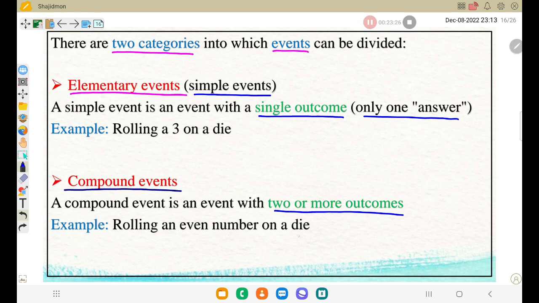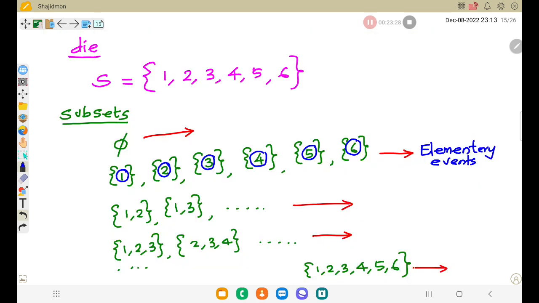Rolling a die and getting an even number. For example, here, see, how many outcomes are there here? 1, 2 outcomes. Here also, how many? 1, 2 outcomes. Correct? So this is what we are calling a compound event, two or more. See, this is a compound event: 1, 2, 3, correct? We have 3 outcomes.